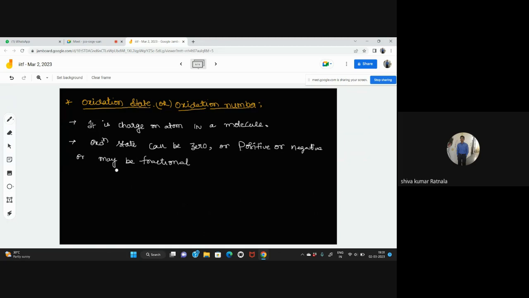It can be positive, negative, or even fractional, like 3 by 4 or 2 by 3.